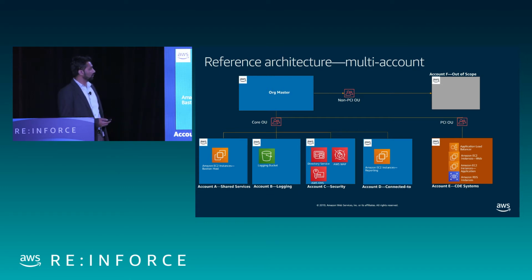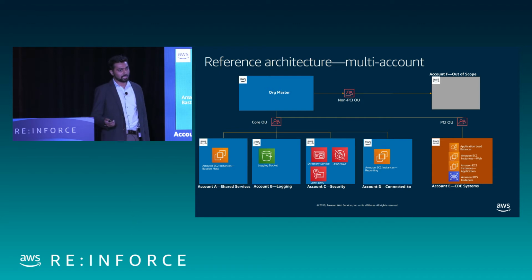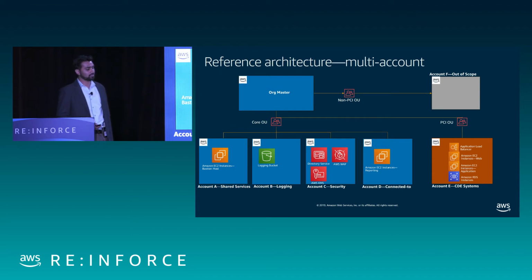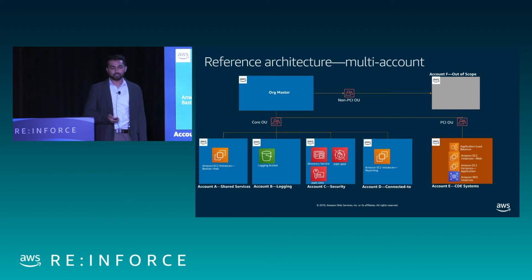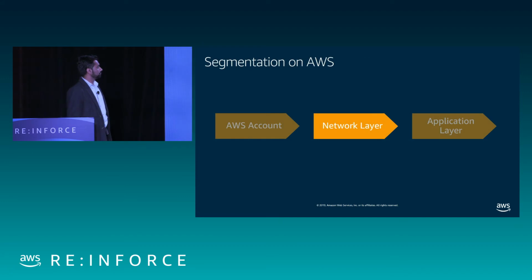So we have a core OU with all the connected systems here. We have a PCI OU with all the PCI or CDE systems. And then we have a non-PCI OU. Organizations also lets you add controls such as SCPs or service control policies that allow you to add access control policies on a higher level. You can also consolidate your billing in the organization's master account to get things like volume discount.